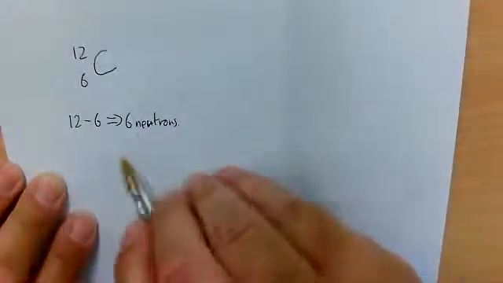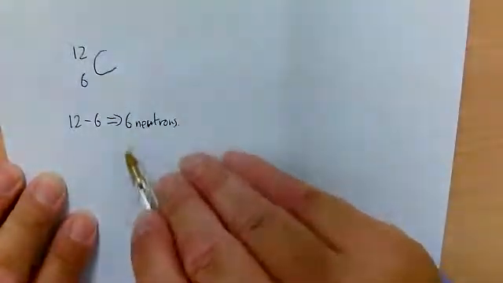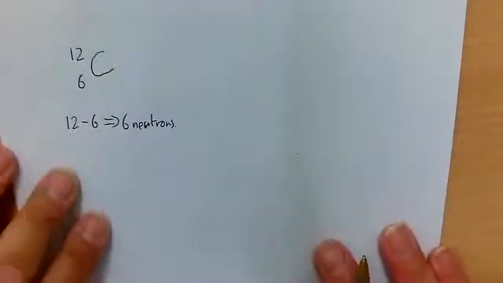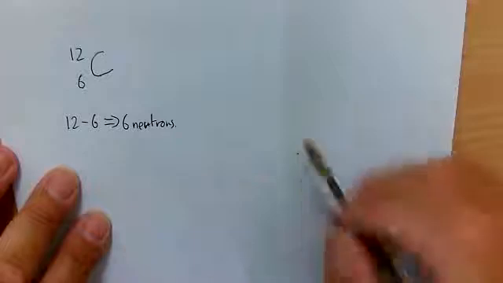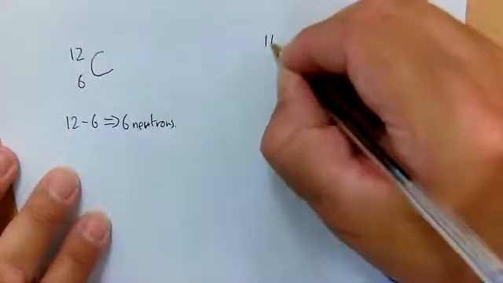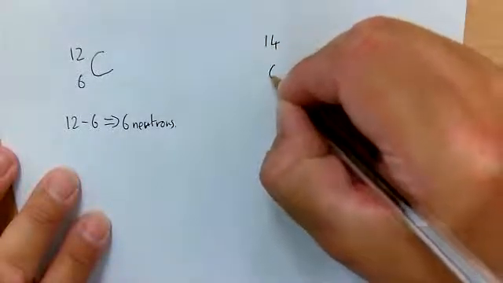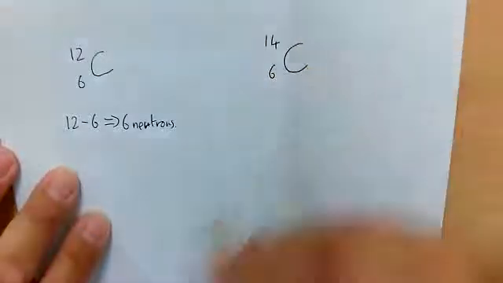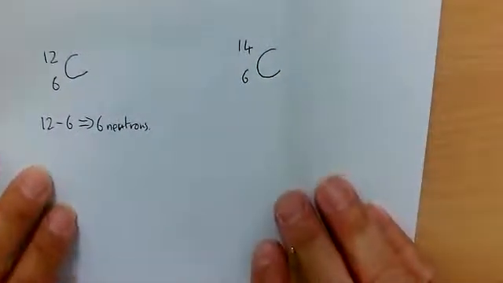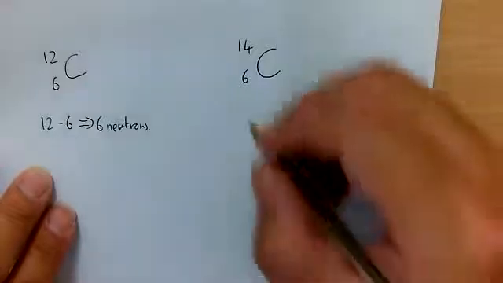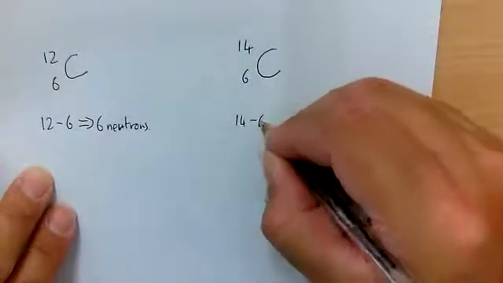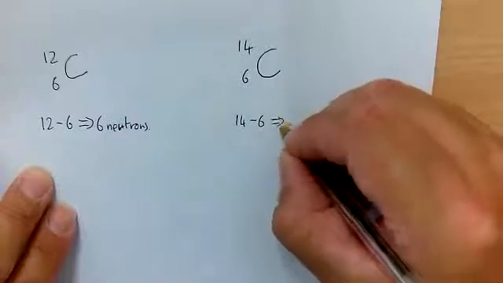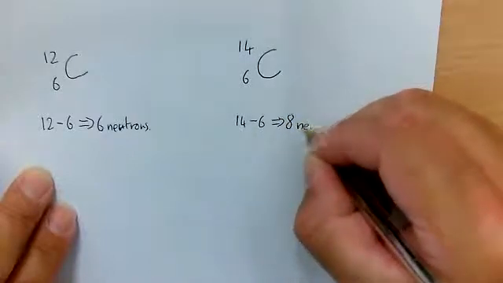Okay. Now, the number of neutrons is not always the same as the number of protons. So, for example, if you've got carbon-14, okay, it's a radioisotope of carbon. Here you've got 14 particles minus the 6 protons, leaves you with 8 neutrons.